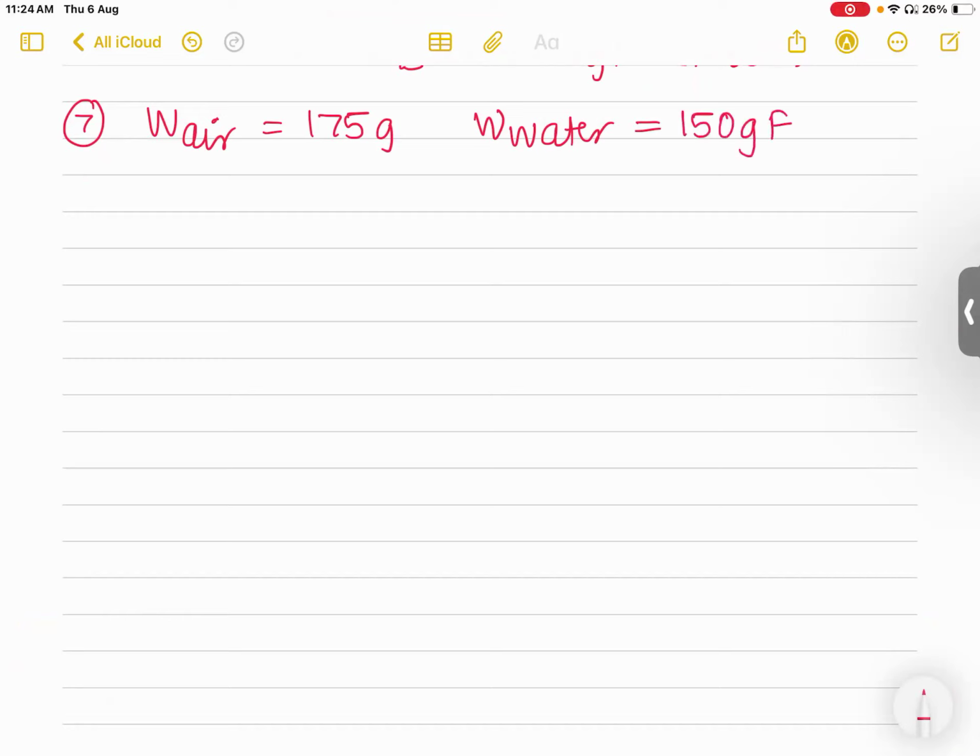Then, students, they tell us that it is immersed in a liquid, and that liquid is water, whose density is given as 1 g cm raised to minus 3.